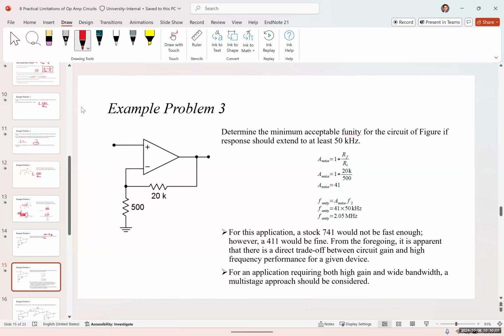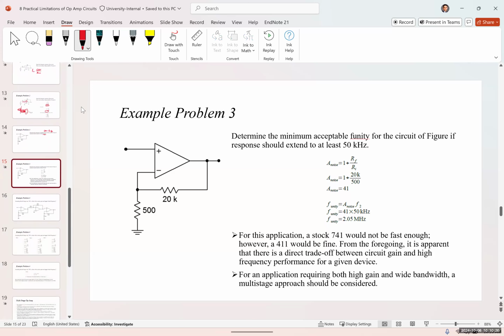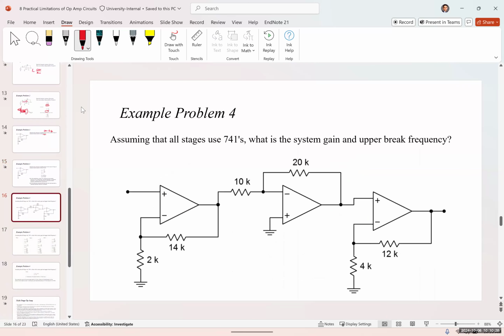But there's a different way, another loophole to bypass this limitation, and that is to use multi-stage op amps. If we don't have a fast enough op amp and we don't have access to a fast op amp, another way to overcome this issue is to use multi-stage op amps.